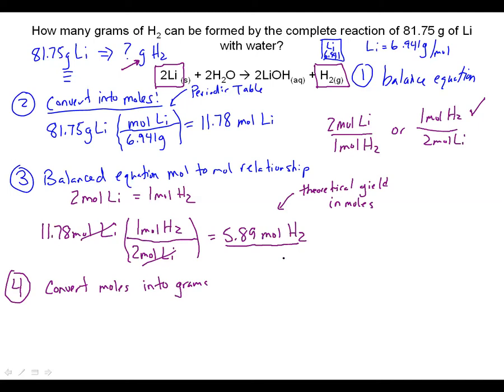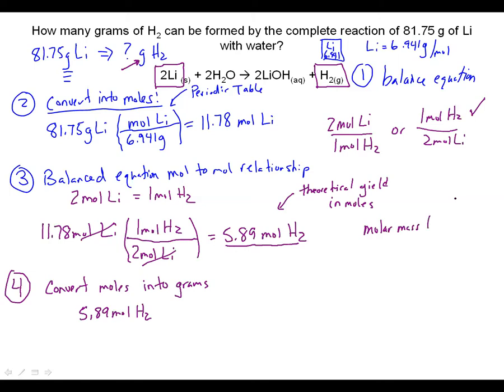Now, the important part to remember is that at this point, we are no longer dealing with lithium. We have now used stoichiometry to convert to H2. So when we convert these moles into grams, we need the molar mass of H2, which again can be found on the periodic table.